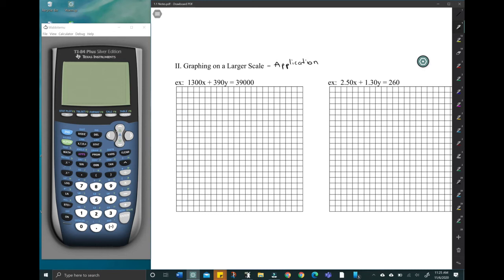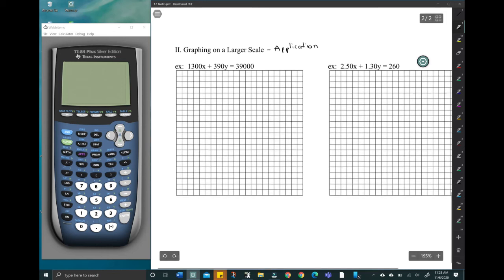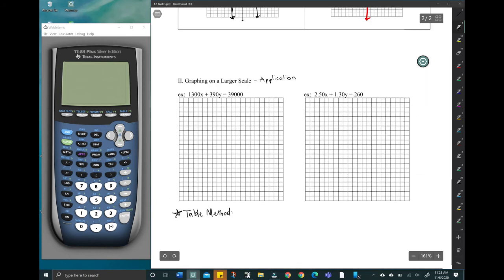Here's where it's definitely preferred to use the table method. I also give you a blank graph, so I'll show you the key with that. So the table method is best with these. Remember, that's x and y. You can also just do this in your calculator.